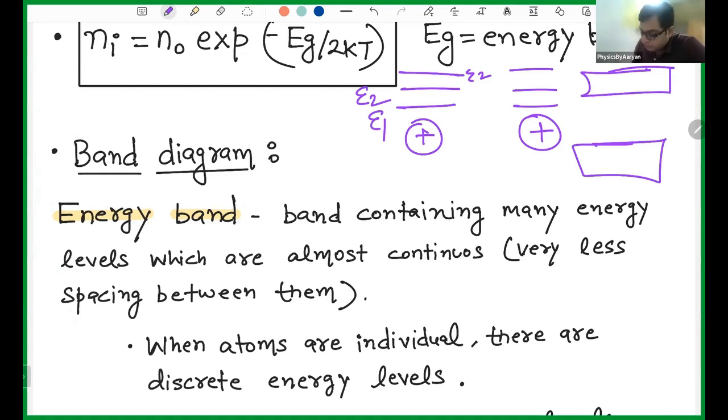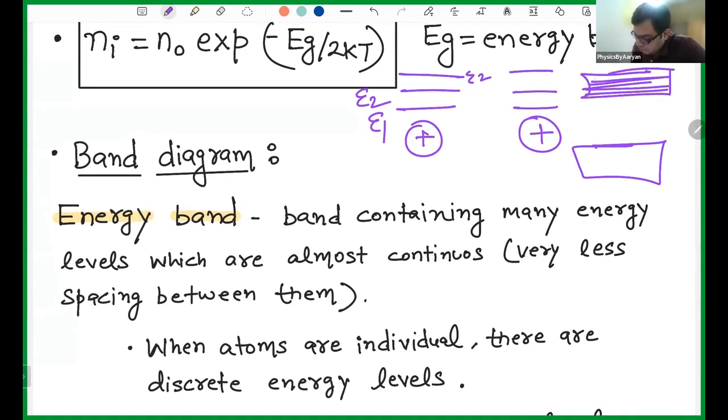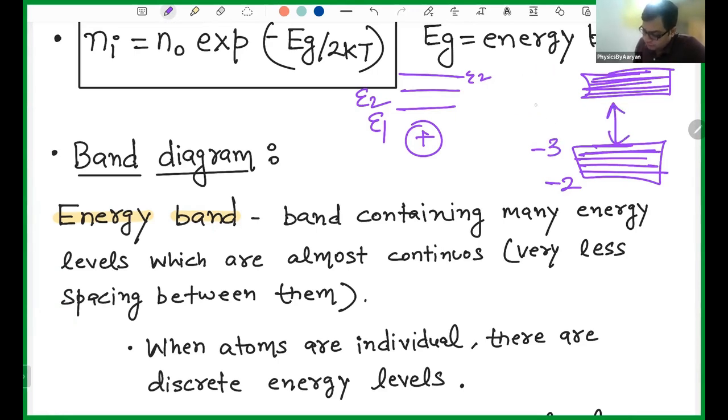And in each band, there are many closely spaced energy levels. In this also, many closely spaced. So let's say you have, like this, -2 electron volt to -3 electron volt. And then you have some free space. And then from here, or sorry, -10 to -9. And from here, you can say -3 to -2.